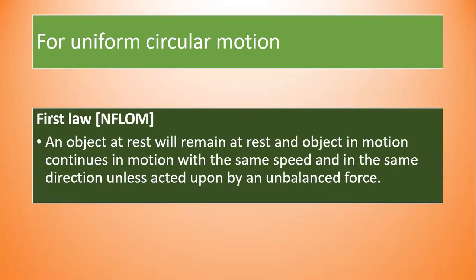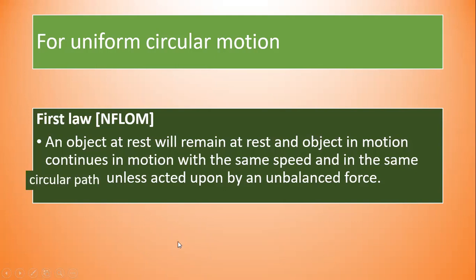Okay, so for uniform circular motion, right, the first law, we can modify it. Uniform circular motion means it's moving in a circular path with constant speed. Not velocity, speed. So an object at rest, that's Newton's first law of motion, remains at rest. An object in motion continues in motion with the same speed and in the same direction unless acted on by an unbalanced force. Right?